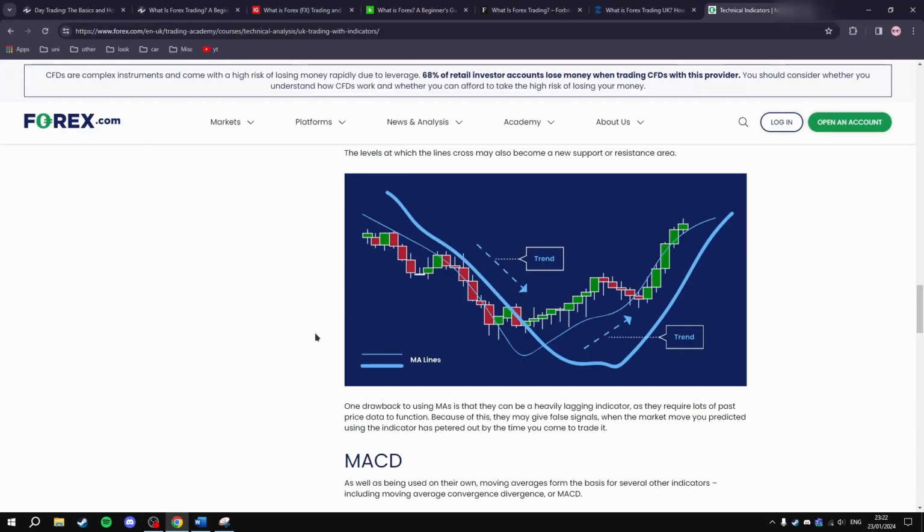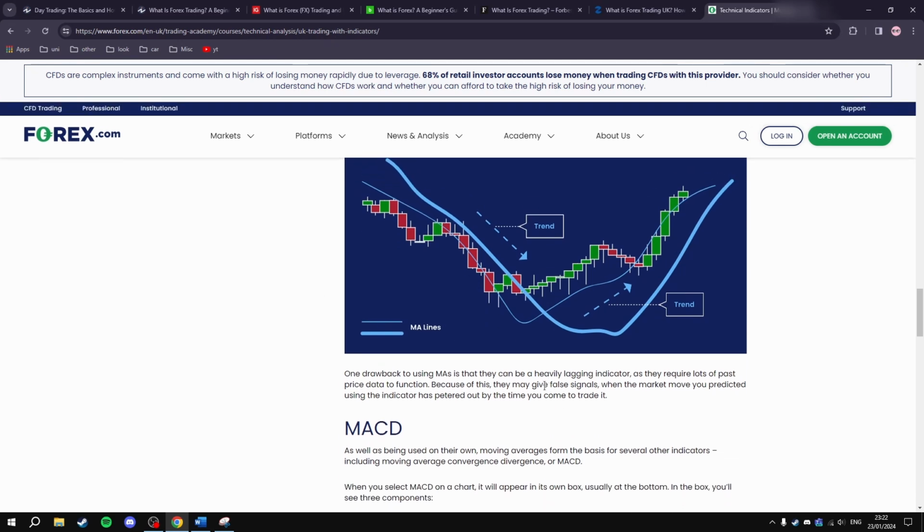One drawback to using moving averages is that they can be a heavily lagging indicator, as they use lots of past price data to function.